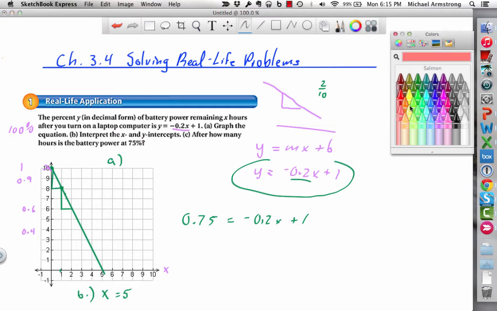Okay, so now we're solving for when 75% happens. We want to know what x value it is, because that'd be 1 hour, this would be 2 hours, 3 hours, and we know it's kind of close to 1. 1 is up at 80 and 75 is right here.